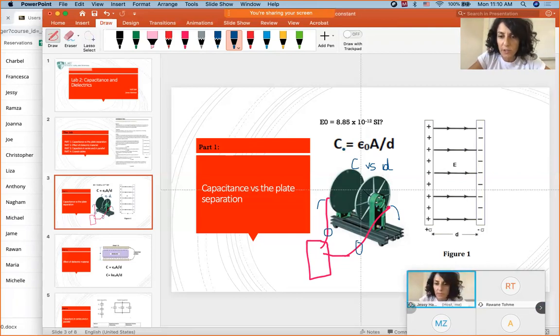If you plot C versus D, do you get a straight line? Do you see that C and D are inversely proportional? So what do you think you should plot for you to be able to get a straight line?